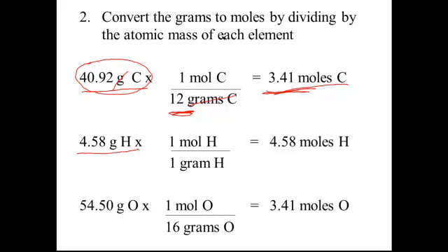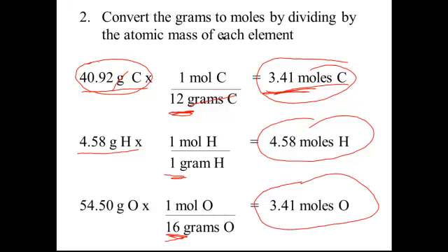Then you do the same thing for hydrogen. The molar mass of hydrogen is 1. And then you do the same thing with oxygen: you take your grams of oxygen and convert them to moles. Now we have your moles for carbon, hydrogen, and oxygen. So your first step, change your percent signs to gram signs. Your second step is to convert the grams to moles.